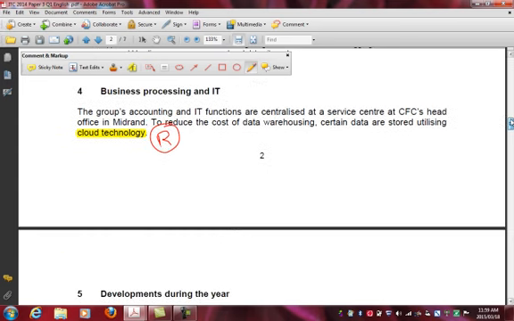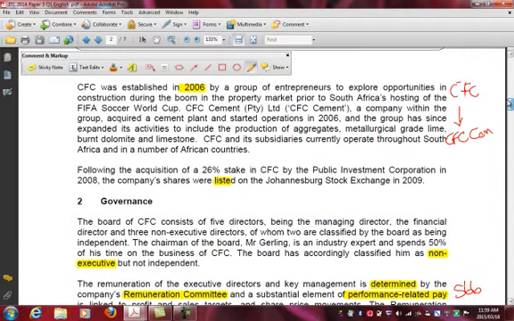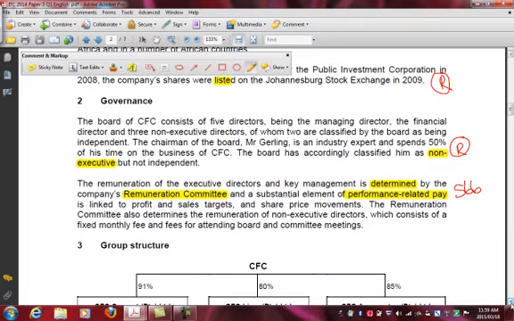Okay. You'll have picked up from this page that there's quite a lot of risks that we've picked up. We've picked up a risk in meeting listing requirements, a risk in non-compliance with King 3. There's a risk in the fact that it's a group of companies. There's a risk of non-compliance with the Companies Act.